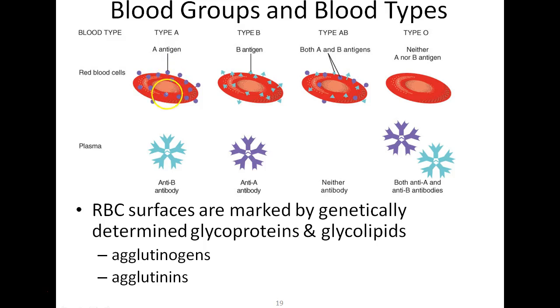In an ideal situation, that person also has plasma, which has anti-B antibodies. So be careful. Antigen and antibody sound similar, but a person with type A blood is going to have B antibodies. Why is that? Because these triangular shapes will not lock in with the circular features of the antigens. So that's an ideal situation.